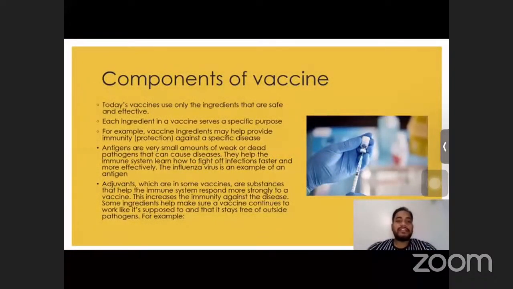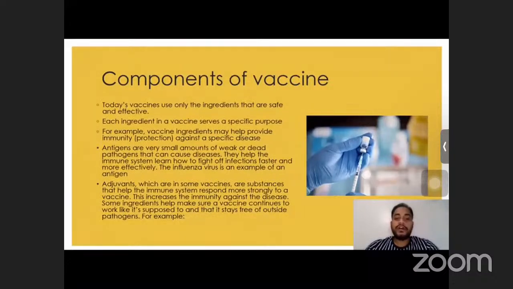Components of vaccines. Today's vaccines use only ingredients that are safe and effective. Each ingredient in a vaccine serves a specific purpose. For example, vaccine ingredients may help provide immunity against a specific disease. Antigens are very small amounts of weak or dead pathogens that can cause disease.